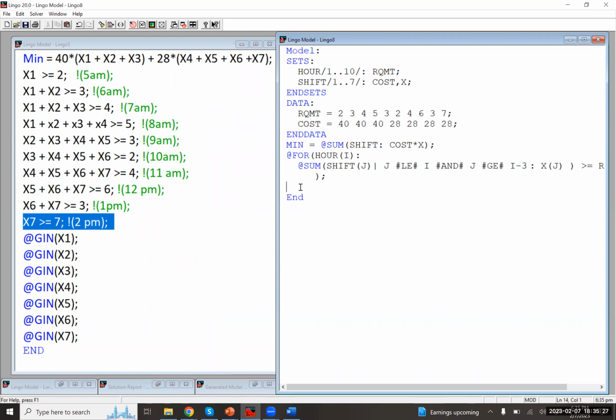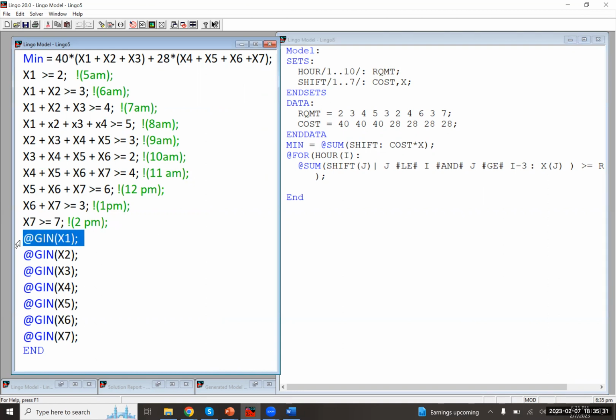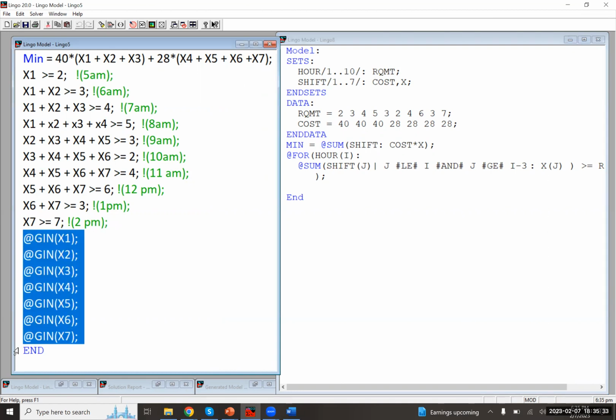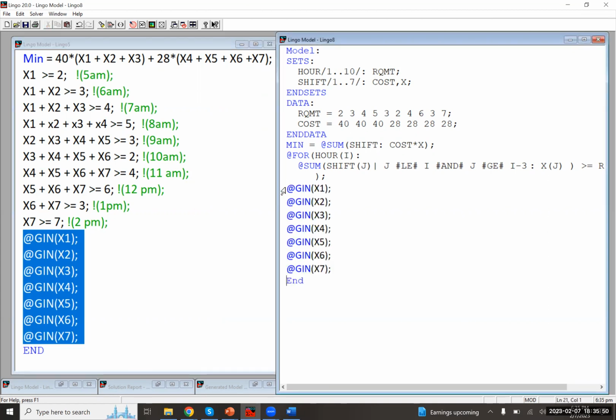So what is currently missing? We forgot to include the general integer restriction. Actually, you can just copy this and paste it, and that does work.